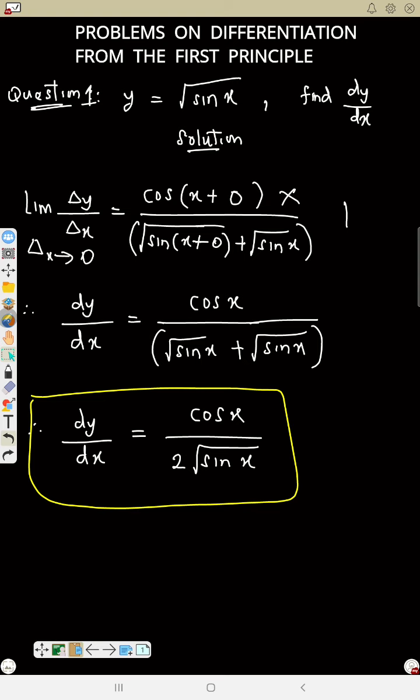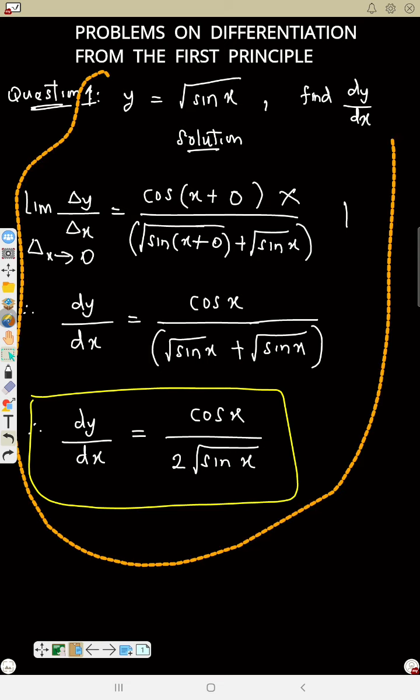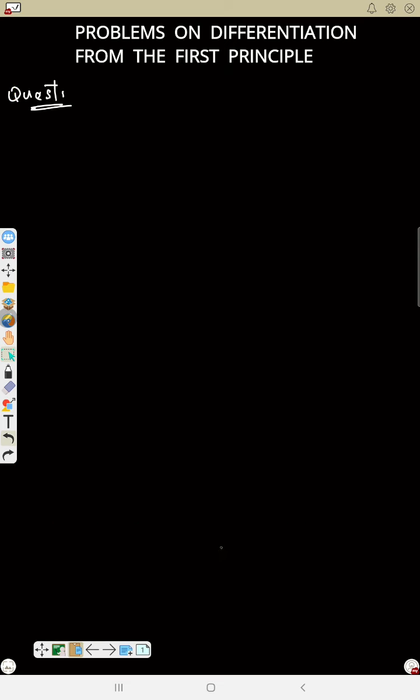Now let's solve the second question. Now this is the answer for this one. So the second question, question 2. Let's say y is equal to tan square x. What is dy ds from the first principle?